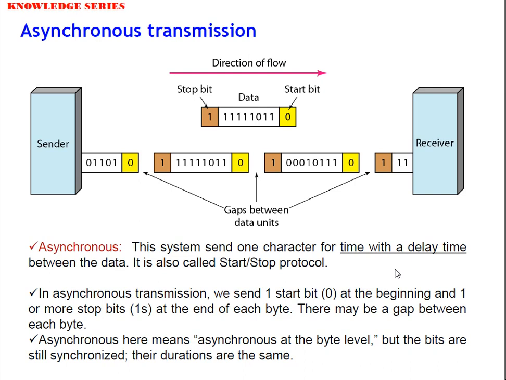Now we will see other components with respect to serial transmission, that is asynchronous transmission, synchronous transmission, and isochronous transmission. Asynchronous means the one which is not synchronous. In this mode of transmission, when a character is sent, it is transmitted at different intervals.